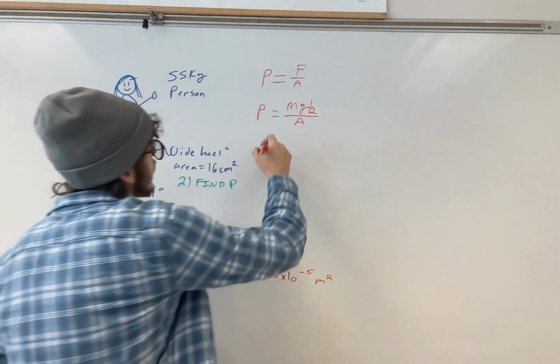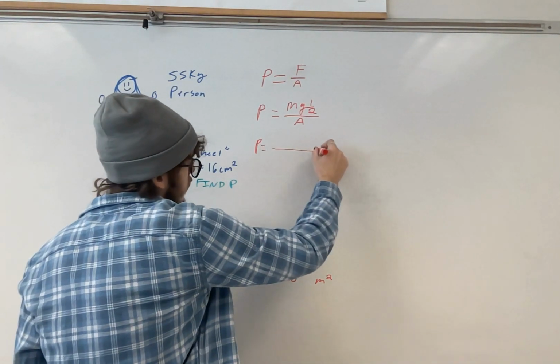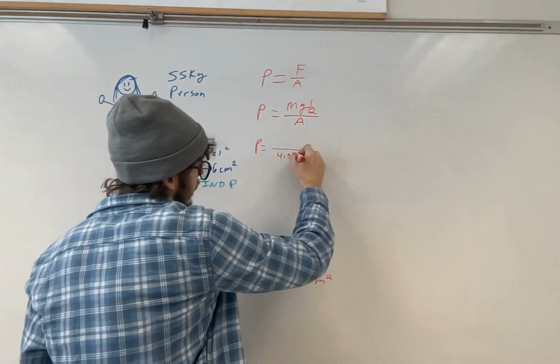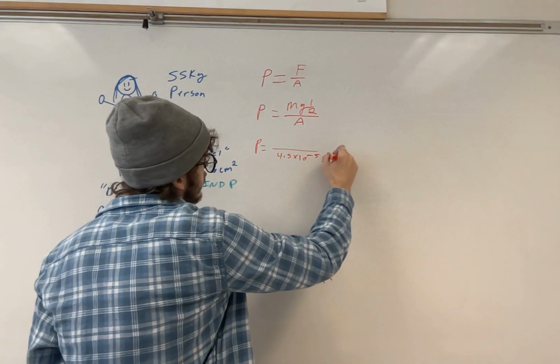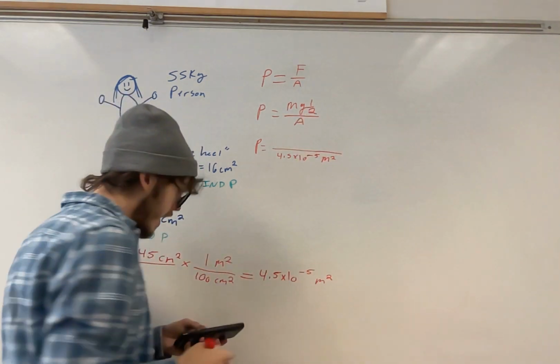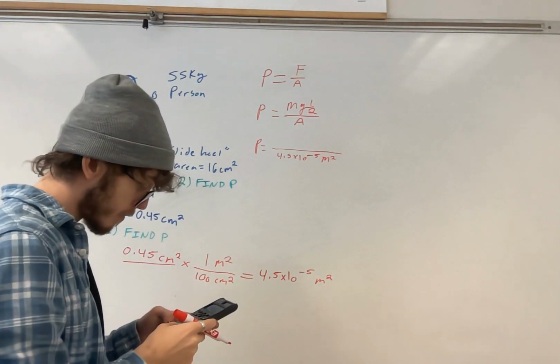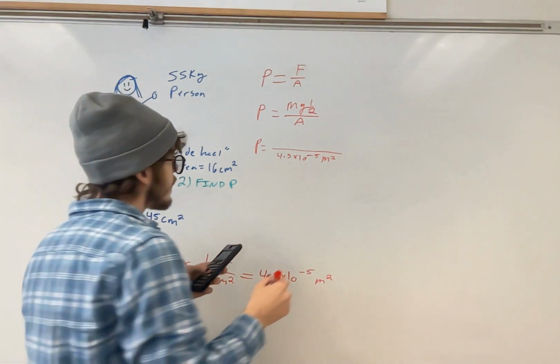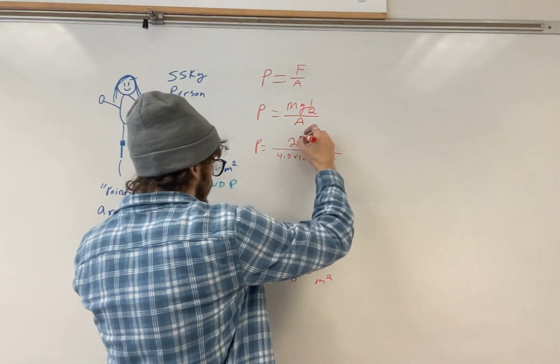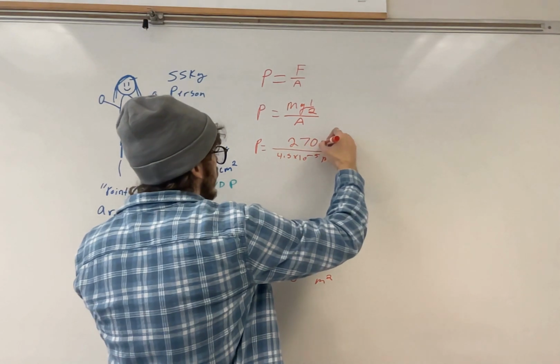Okay, so let's plug in now. Pressure equals mass, which is 55, times gravity, 9.81, times 1/2, over 4.5 times 10 to the negative 5th meters squared. And we find that the force is 270 newtons.